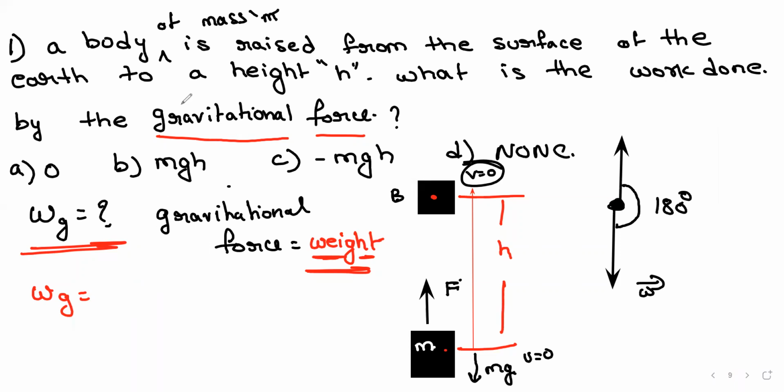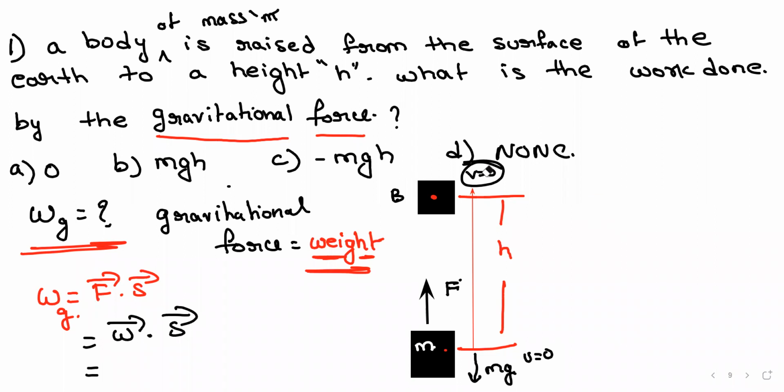Look here. Work done by a force is F dot S. Since we are finding work done by the gravitational force, here the force is the gravitational force, which is weight, dot displacement. So what is weight? If this is a body of mass m, the weight of the body acts in the downward direction, which is mg.